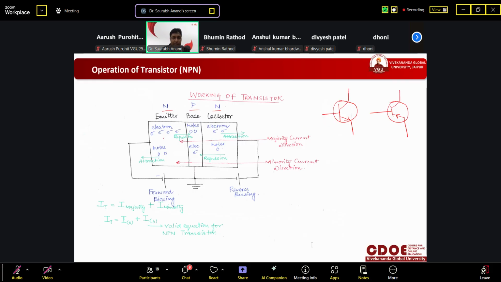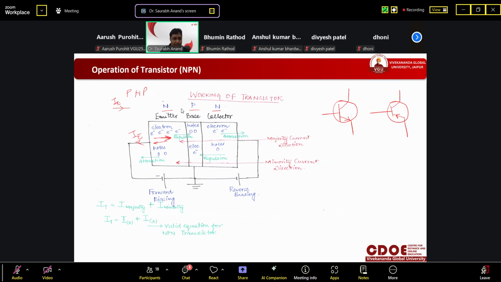Electrons were repelled in this direction, and the current direction is opposite to this. So if electrons are moving in this direction, then the current will be in the opposite direction. So this IE will be inside. If it is PNP, then this direction will be inside.